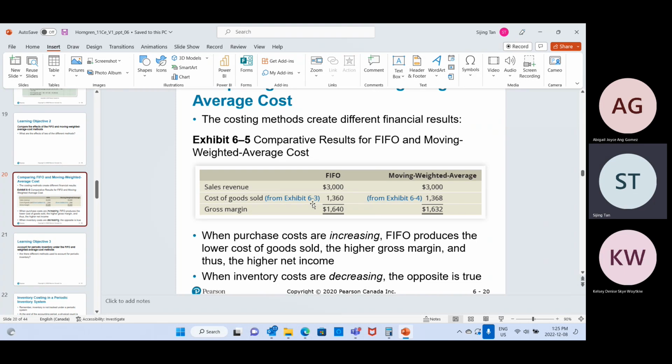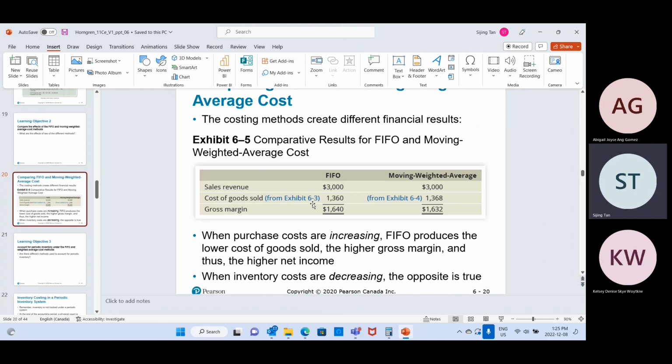However, if inventory costs are decreasing, for example, if the beginning inventory were $13 per box, the first purchase $12 per box, and the second purchase $10 per box, then the weighted average will produce the lower cost of goods sold and higher gross margin and higher net income.